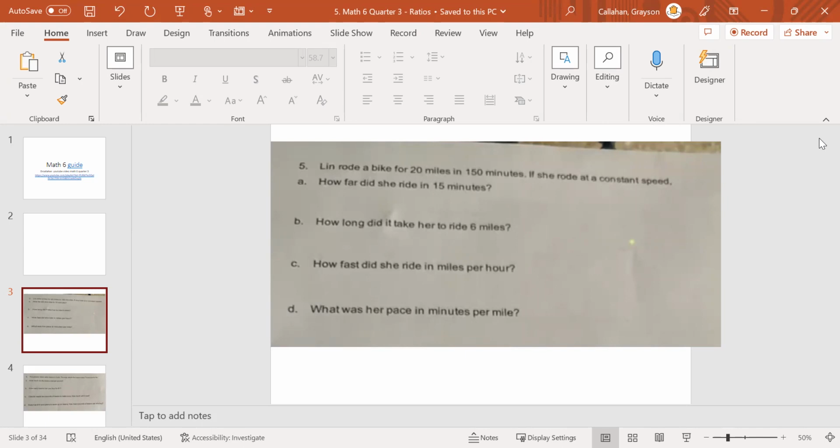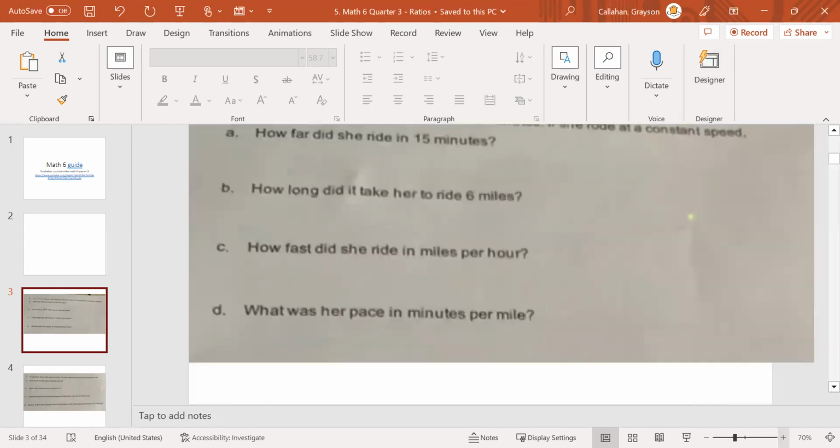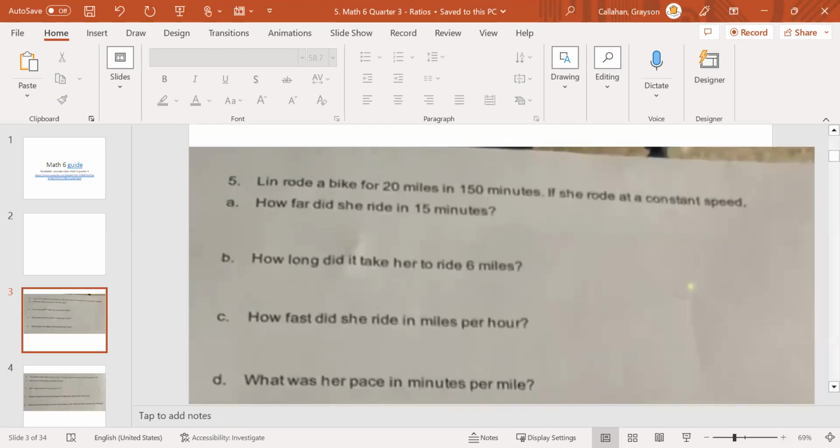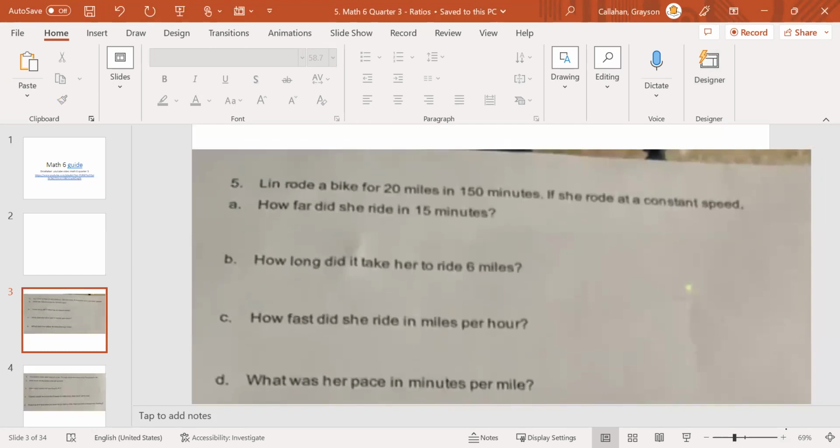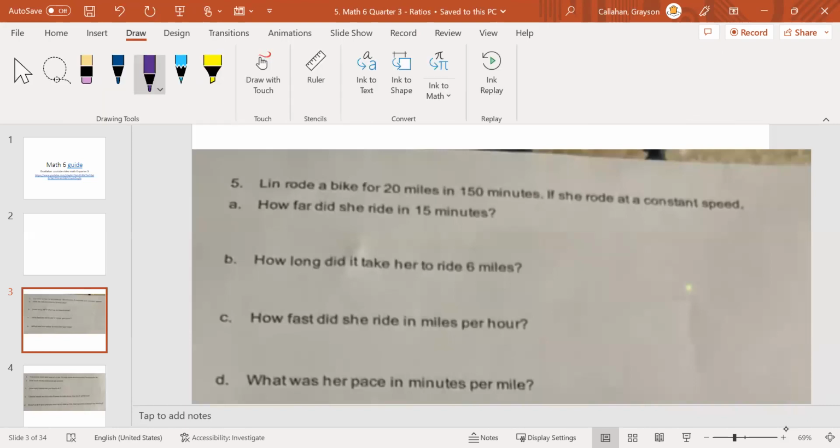Okay. So looking at number 5, it says Lynn rode a bike for 20 miles in 150 minutes, or 50 minutes, right? So these are the two things: miles and minutes. So your ratio is going to be miles over minutes equals miles over minutes.